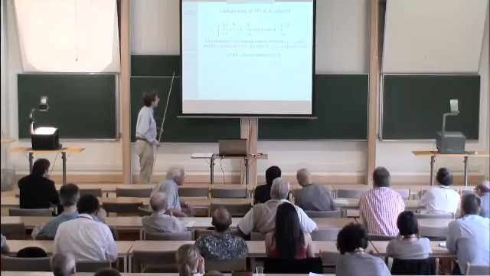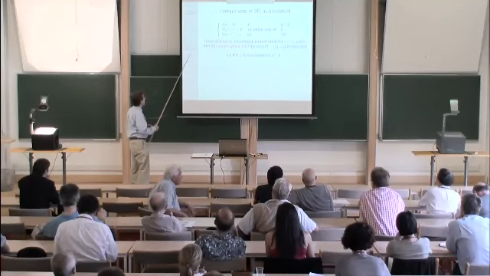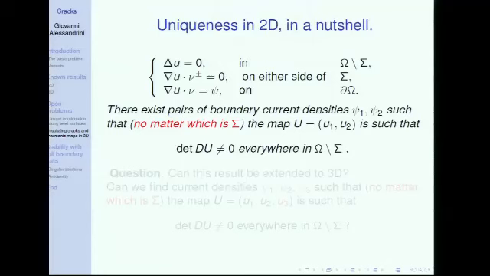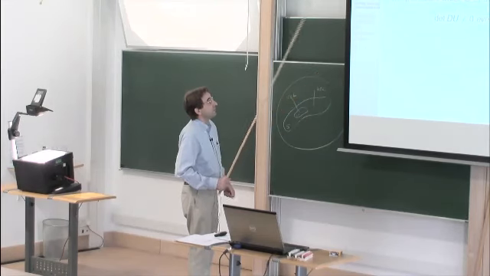So let me pass now to the case of insulating cracks in 3D. In order to understand what is the problem, let me start first with the situation in the two-dimensional case. So I have rewritten here the direct problem.